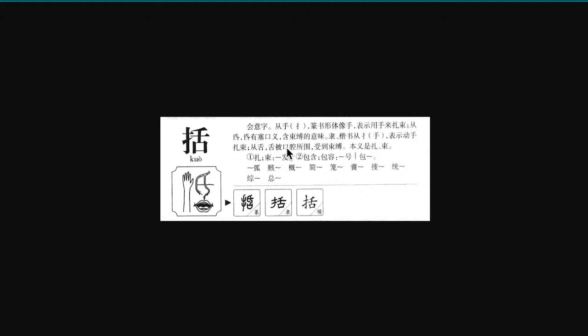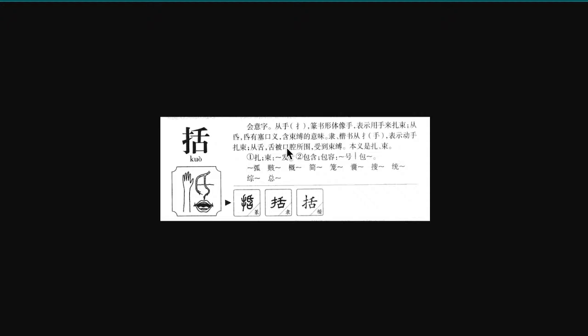Whether it's stuffing your mouth with something or using the tongue, 舌, I think they use 舌 because the tongue usually is inside your mouth, right?